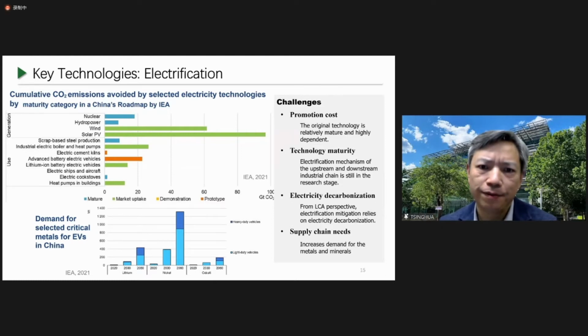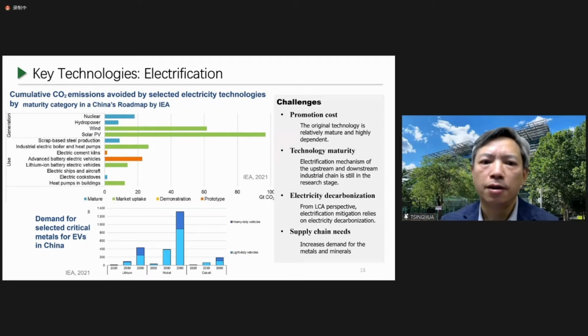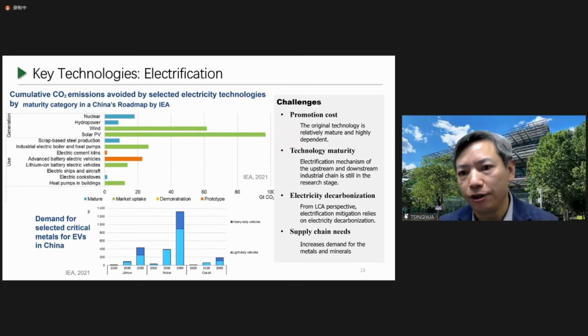Another challenge from the supply chain is about increases of metal demand to support the system change. While electrification of end uses reduces reliance on fossil fuels, it increases demand for the metals and minerals needed to produce the infrastructure and equipment associated with the wider deployment of electrification.